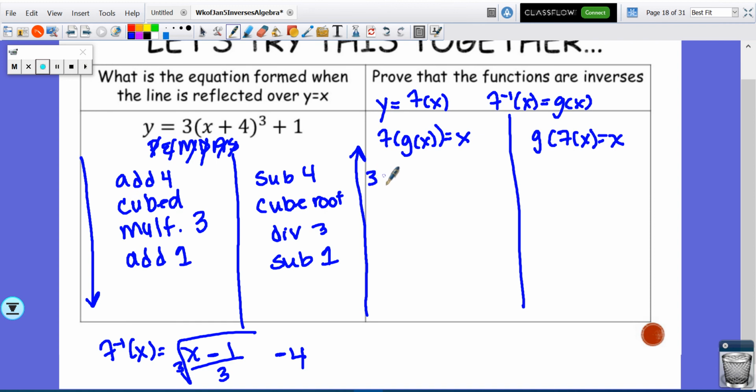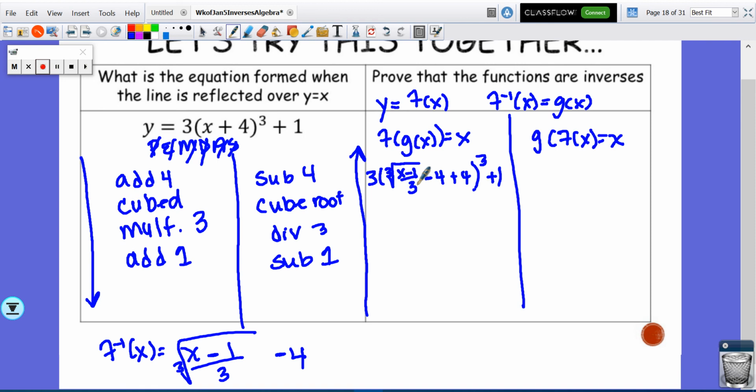So 3, and then parentheses, x minus 1 over 3, and that's to the cubed root, minus 4 plus 4, and all of that's cubed plus 1.